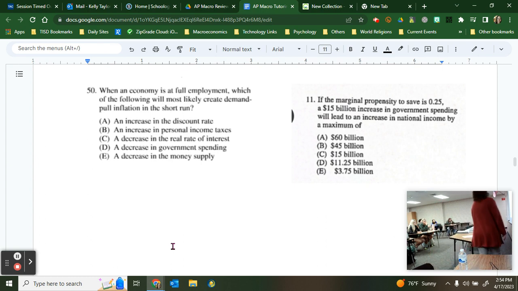When an economy is at full employment, which of the following will most likely create demand-pull inflation in the short run? If you have nothing drawn here, I need you to draw aggregate supply and demand in long run equilibrium and then a rightward shift of aggregate demand. So draw it first in long run equilibrium and then just do a rightward shift of aggregate demand.